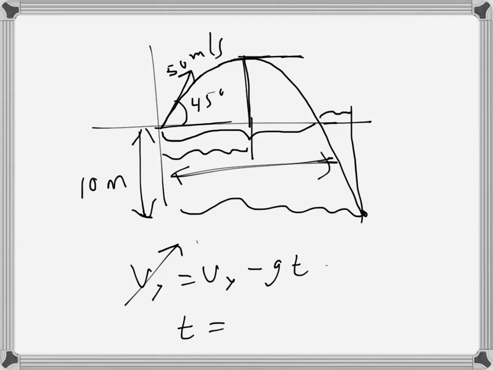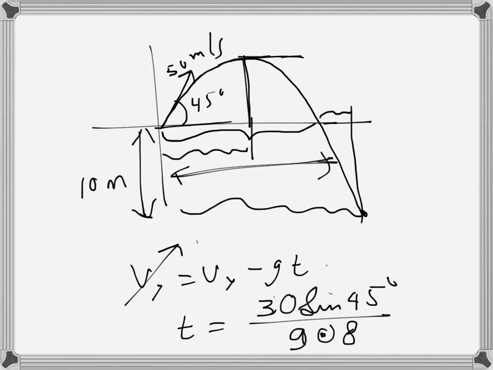And this Uy is 30 sine 45 degrees, over G. G is 10 probably, but we need to use 9.8, the actual value, 9.8 meters per second squared.